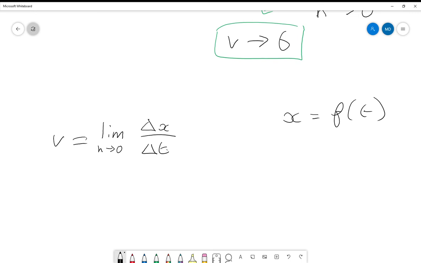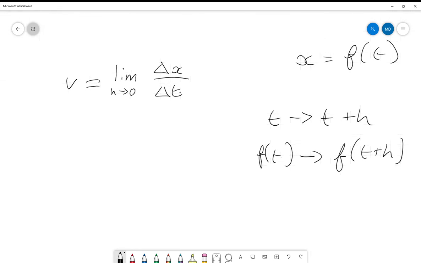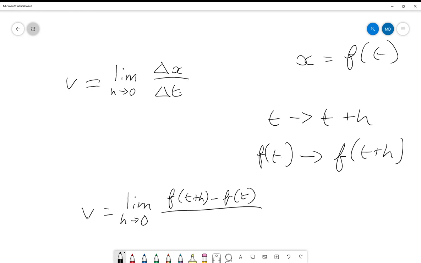Then we're going from t to t plus h, so our x goes from f of t to f of t plus h. And we're left with the velocity being equal to the limit as h tends to 0 of the change in x, f of t plus h minus f of t, all over t plus h minus t.